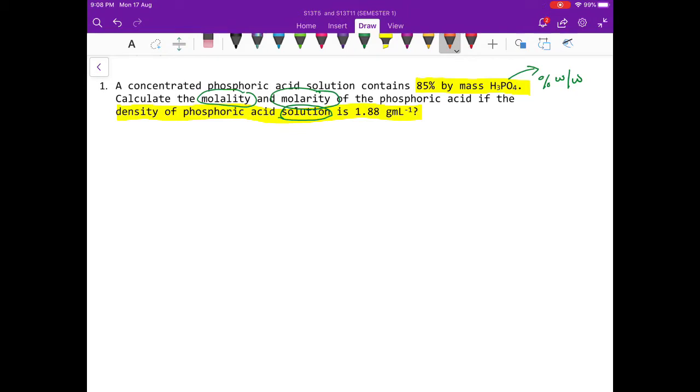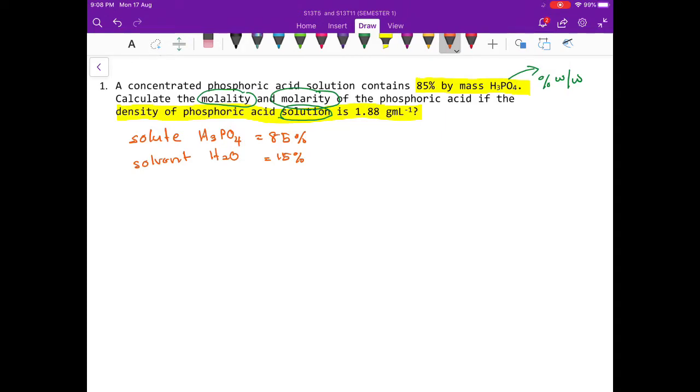So what is our solute? Our solute is phosphoric acid, which is 85%. And our solvent, what is our solvent? Our solvent is water, which is 15%, because the total should be 100%. So 100 minus 85 becomes 15.